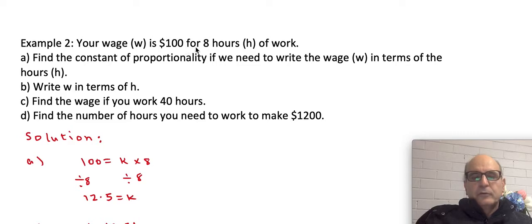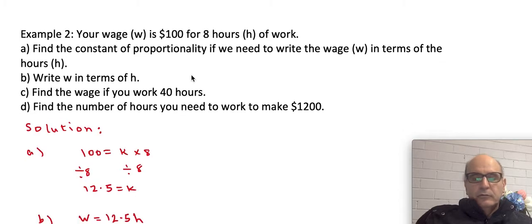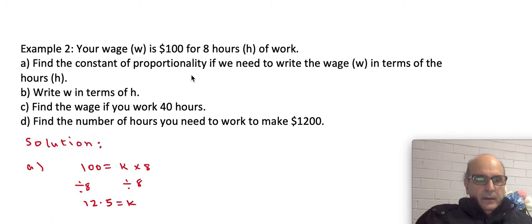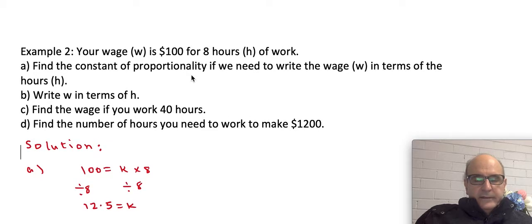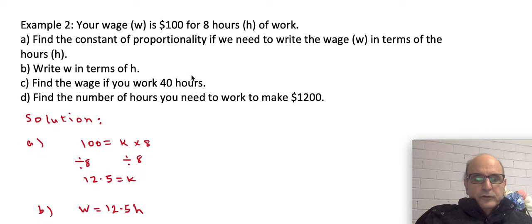So both of them go up by the same amount, and the amount you're going to get paid is always your hourly rate times the number of hours will give you your wage. Okay, so we have an example of direct proportionality.